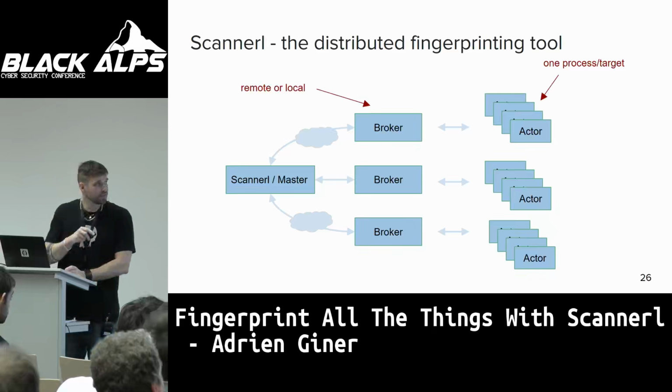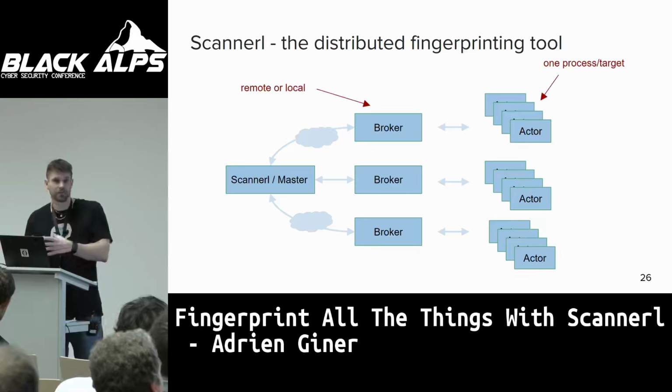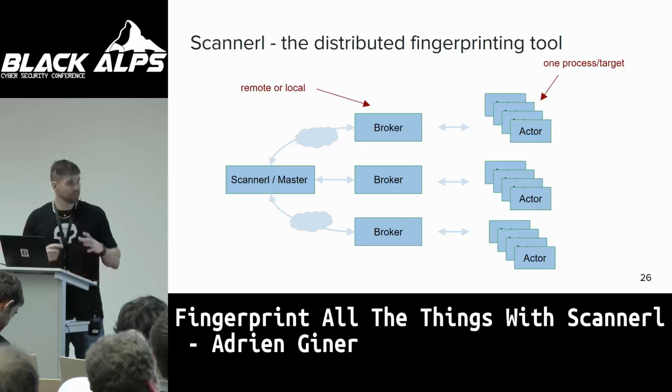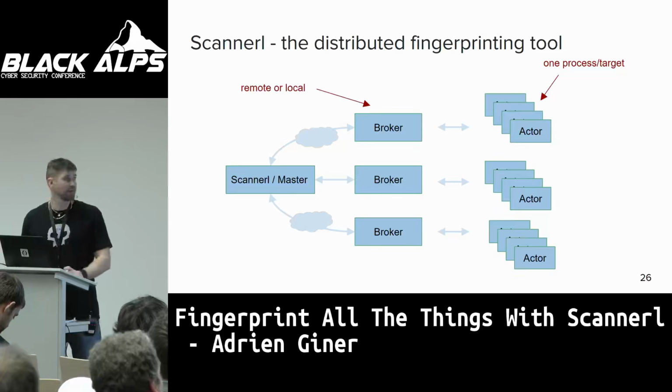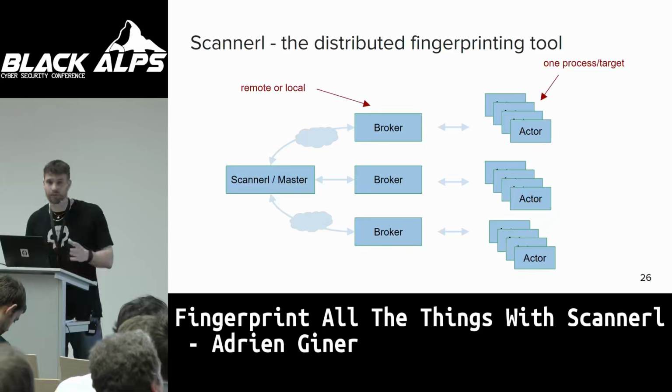And at the end, we get those actors that are actually one actor per target. So that means that if the broker receives 1 million targets, it will spin 1 million processes. So the design is pretty good because it allows you to scale a lot. Also, this whole process of creating the broker and communicating with it is all transparent to the user.